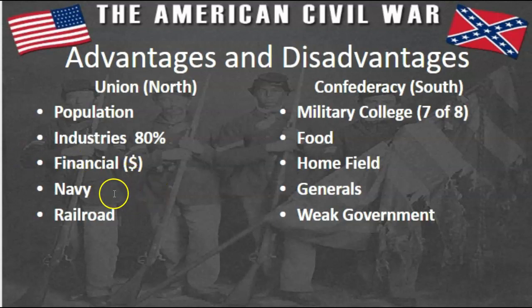If you go back here and also look, here is another big advantage, the Navy. The Navy played a big part, because later on we'll talk about their strategy and the ability to blockade. The North had a strong naval tradition. 3/4 of the U.S. Navy officers were from the North. They also had a larger pool of trained sailors who served as merchants.